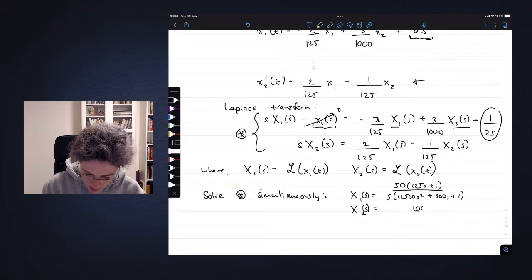And this is 100 all over s times 100 s squared plus 300 s plus 1.